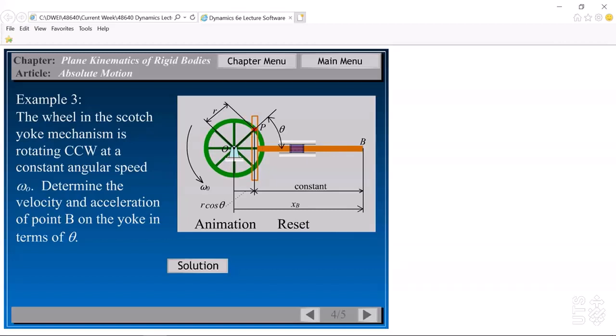This can be solved using absolute motion analysis.